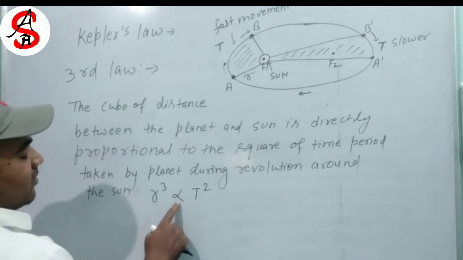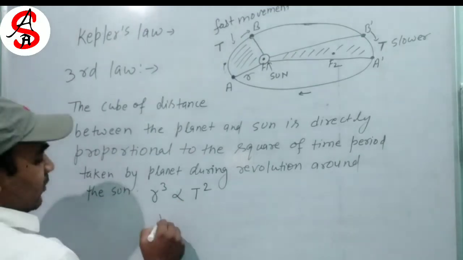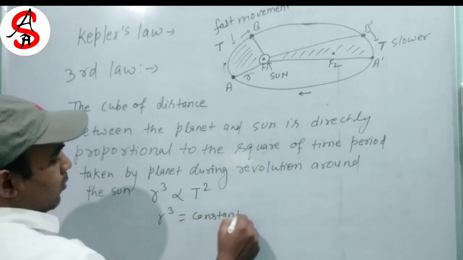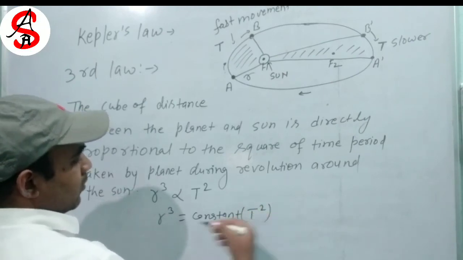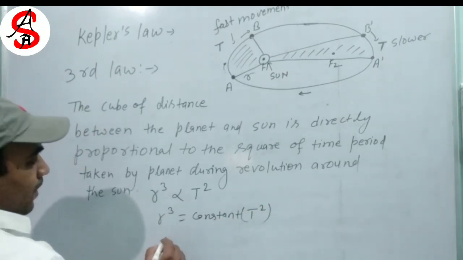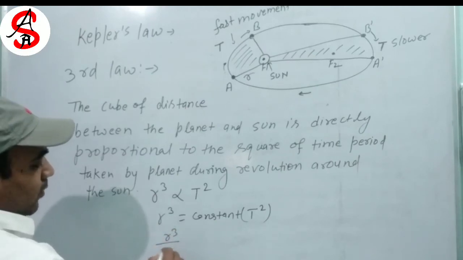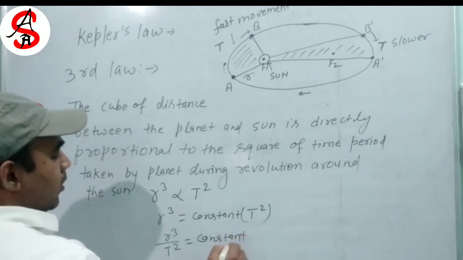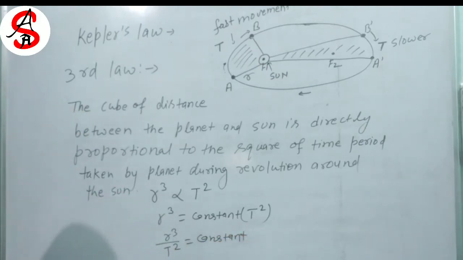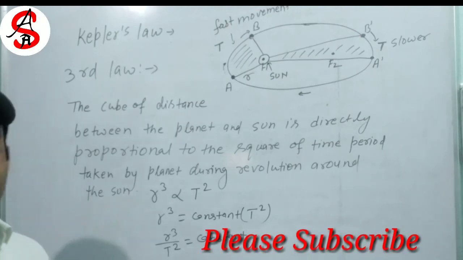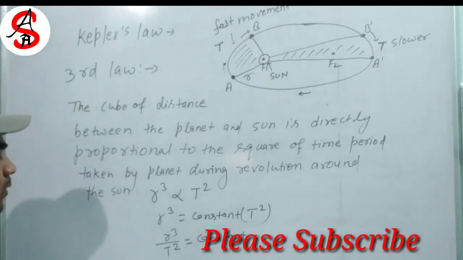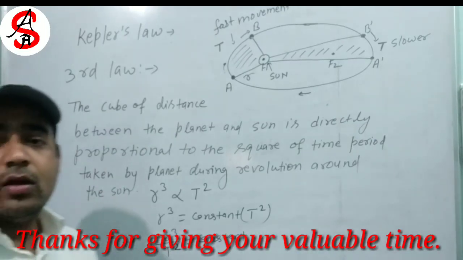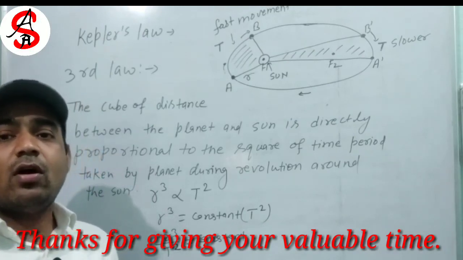And to remove this directly proportional, we will use the constant term: r cubed upon T squared is equal to constant. So this is the third law given by Kepler. Okay, and Newton used this formula to give the law of gravitation.